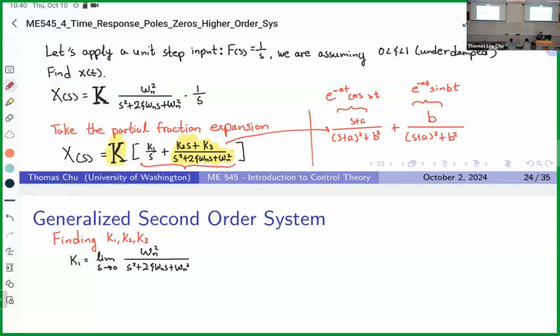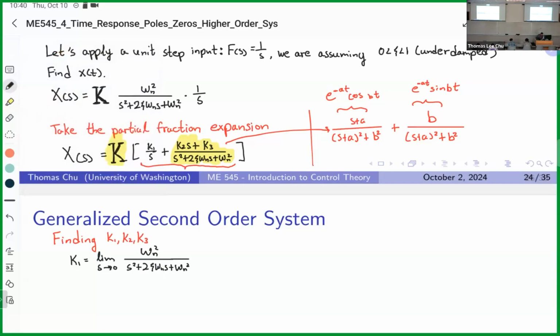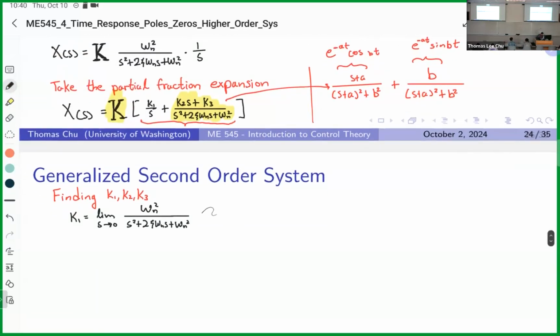Because all this really big K is doing is just multiplying my whole thing by a constant value. It doesn't change the values of K1, K2, and K3. Okay, so when we set s equal to 0, we actually just end up getting 1.